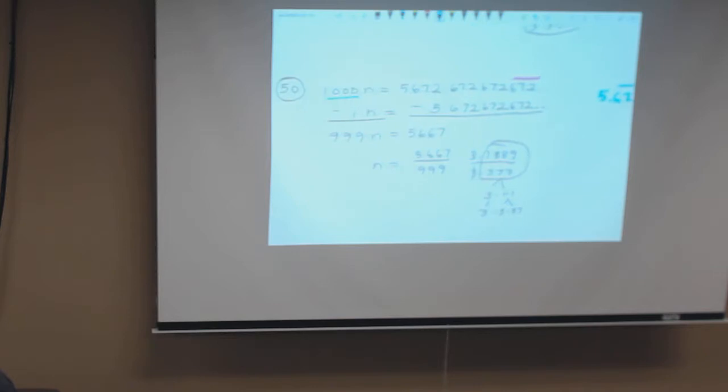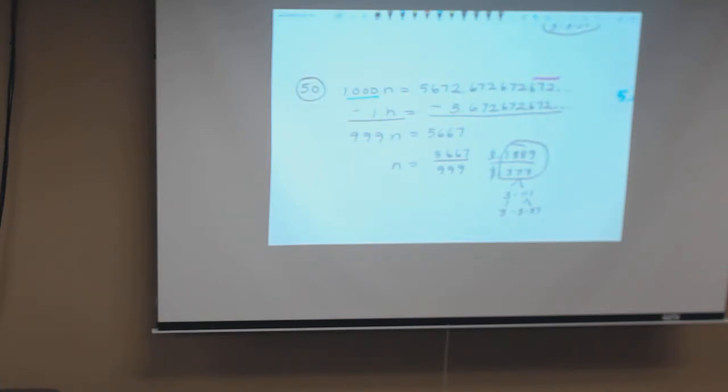So now I'm stuck to go back to my old way of doing it. 1,000 times that number, minus 1, would be 999 of these, equals 5,667. So it's 5,667 over 999.